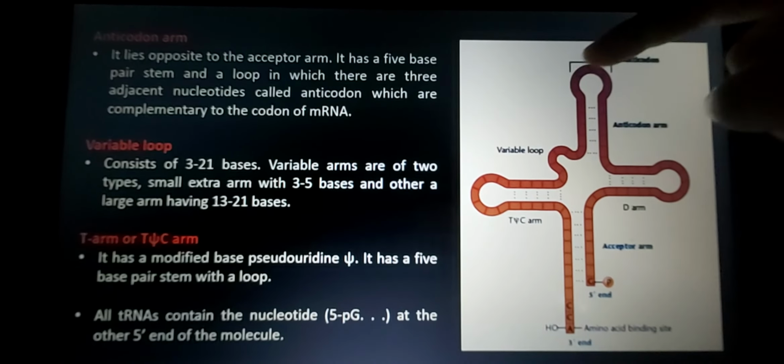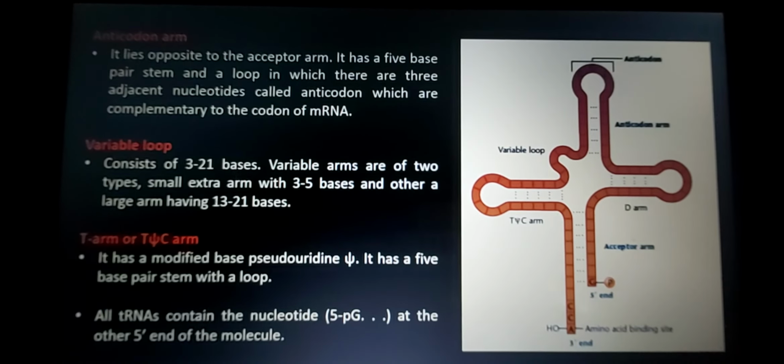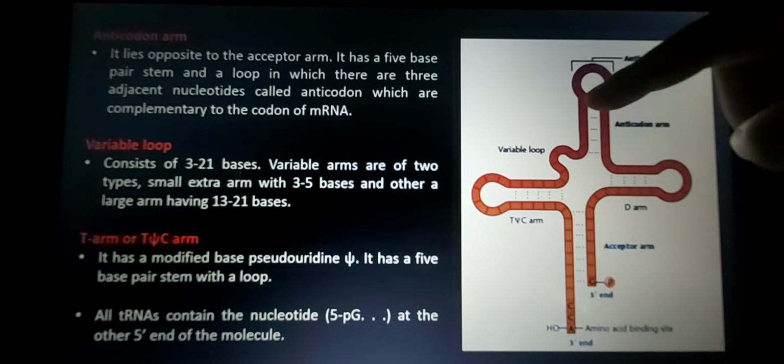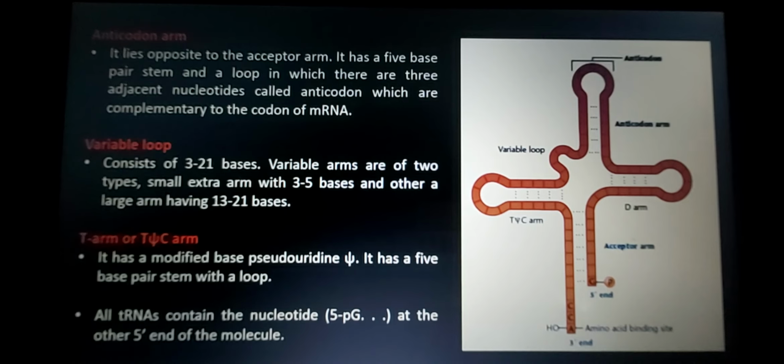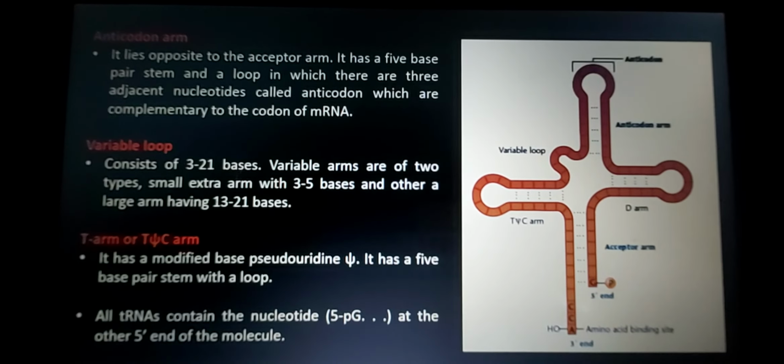Now, the next arm that we see is the anticodon arm. This is the arm which lies exactly opposite to the acceptor arm. It has 5 paired bases, and then there is a loop where the anticodon for the complementary codon of the mRNA is present.